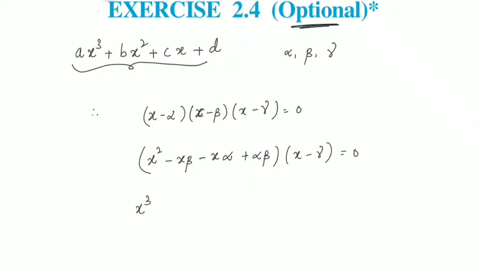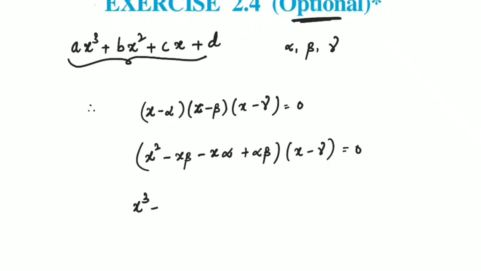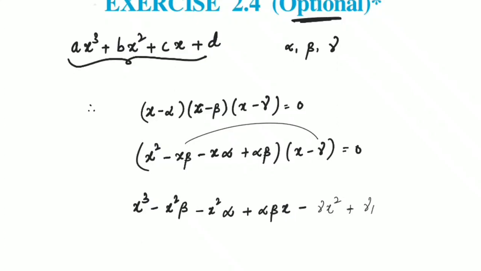Now x cube, then x into this one is minus x square beta, then minus x square alpha, then alpha beta into x, then minus gamma x square, then multiply this, plus gamma into beta x, plus alpha gamma x, finally minus alpha beta gamma, which is equal to 0.